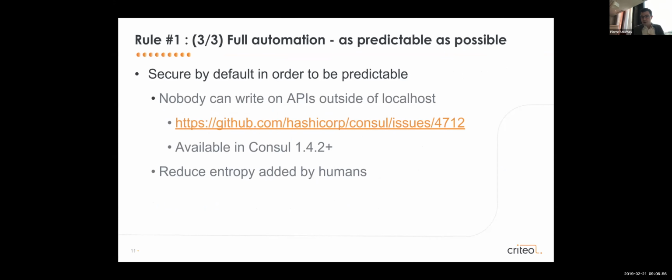Finally, in order to reduce the entropy in our system, everything is secure by default, meaning that it's not possible from a workstation to write something in the Consul cluster. Available from Consul 1.4.2, we made a patch in order to protect Consul APIs from being called for something other than reading. This reduced quite a lot the entropy that could be added by humans.